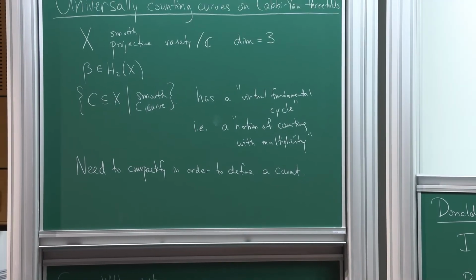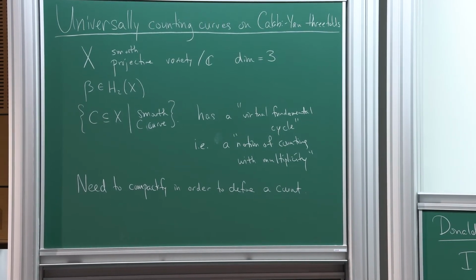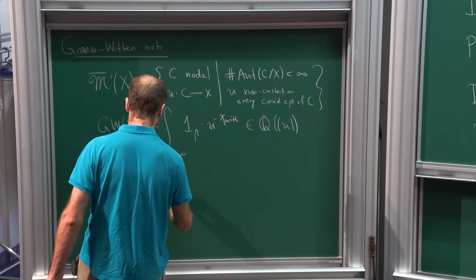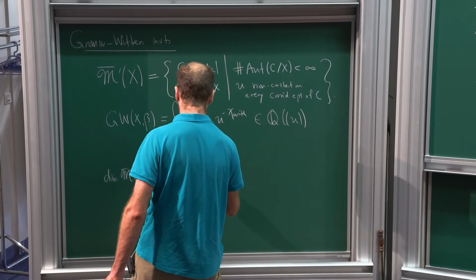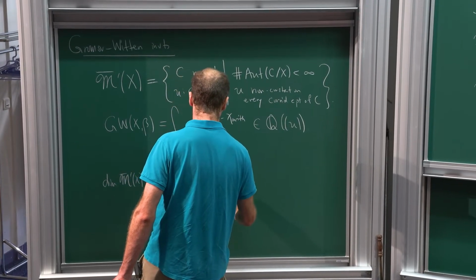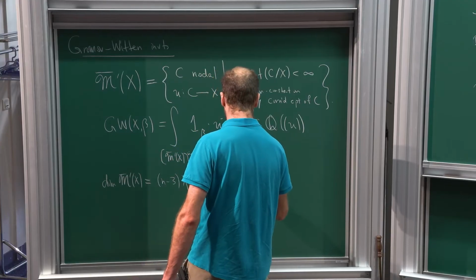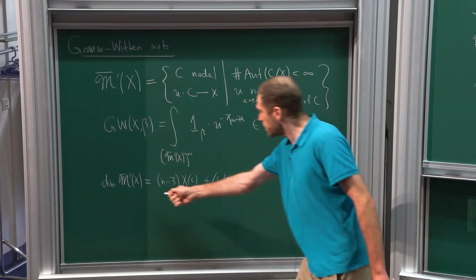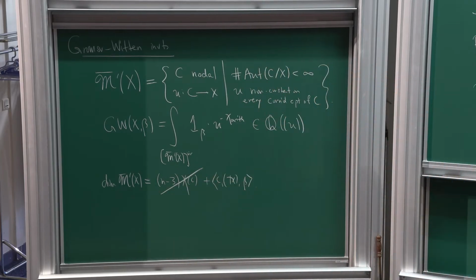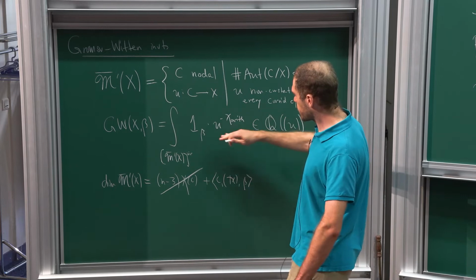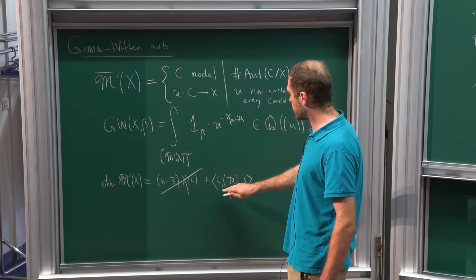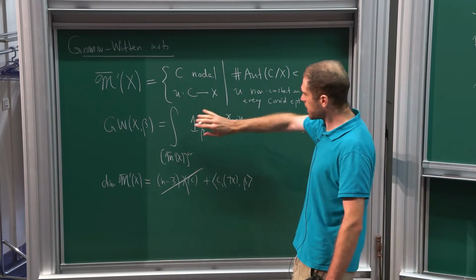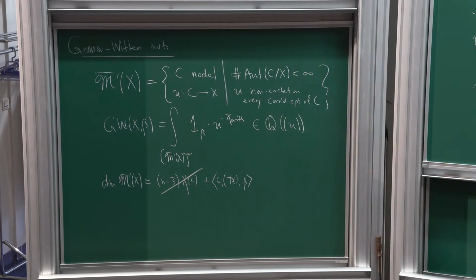The significance of 3 for Gromov-Witten invariants is that the virtual dimension of the space is, if I'm remembering correctly, n minus 3 times the Euler characteristic plus the Chern class of X evaluated on beta. So when n equals 3, this term goes away, which is very nice. So for instance, in the Calabi-Yau case, or just a beta which is orthogonal to the first Chern class, it's dimension 0. We just get curve counts.